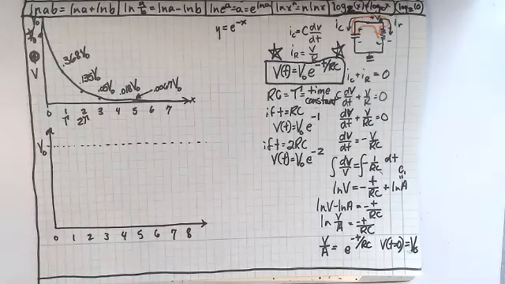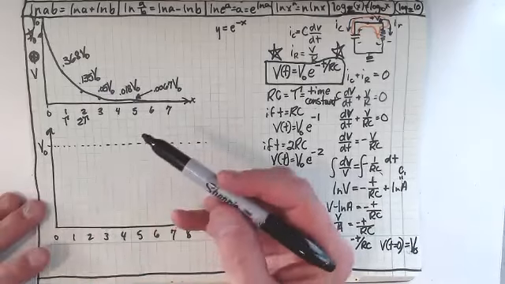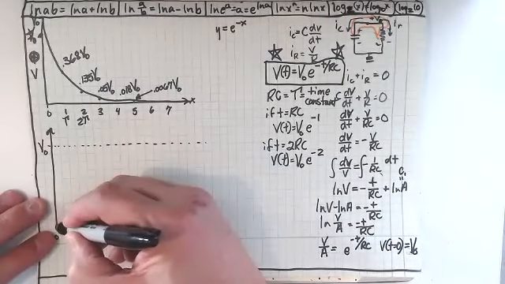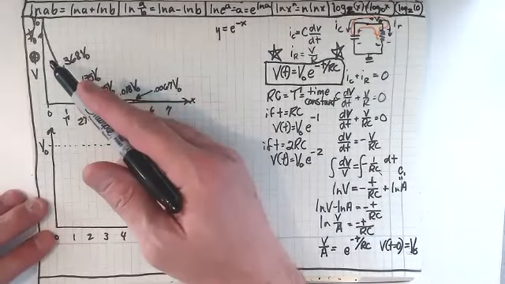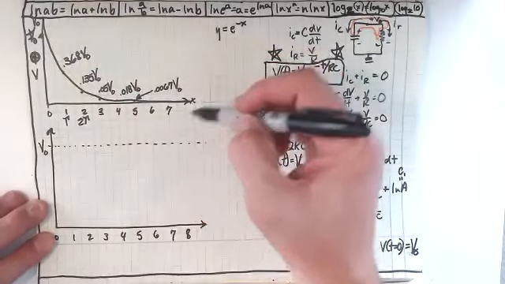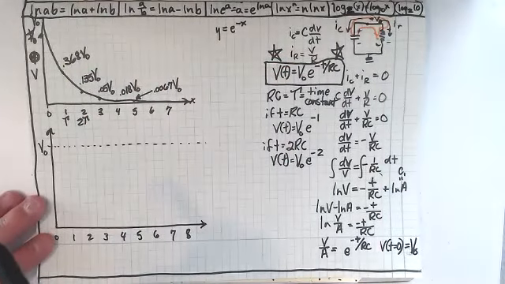Now, the charging of a capacitor. The charging of a capacitor, as you would assume, is sort of just the reverse of the discharging of the capacitor. And I want to go up the same way. It's basically this curve here inverted.